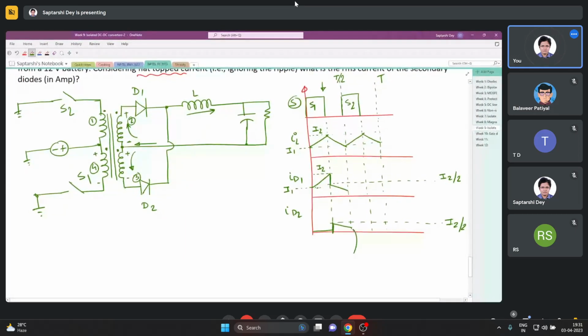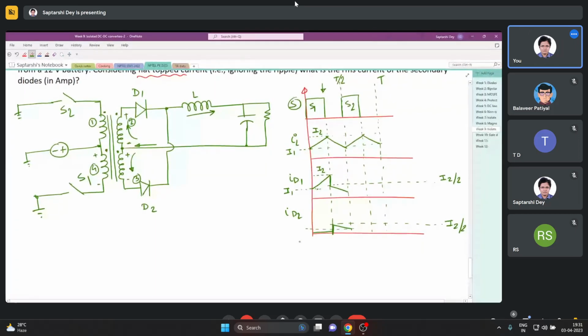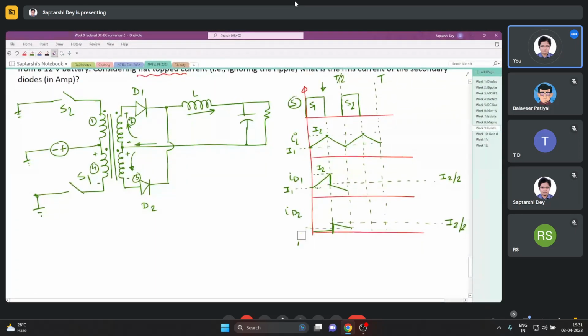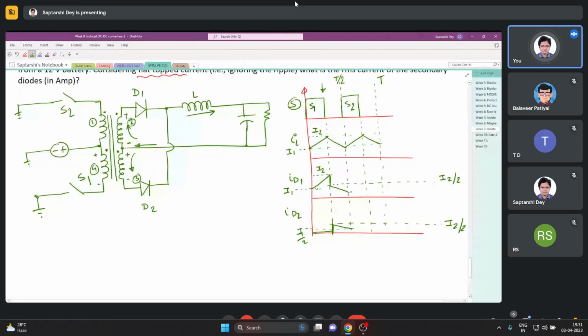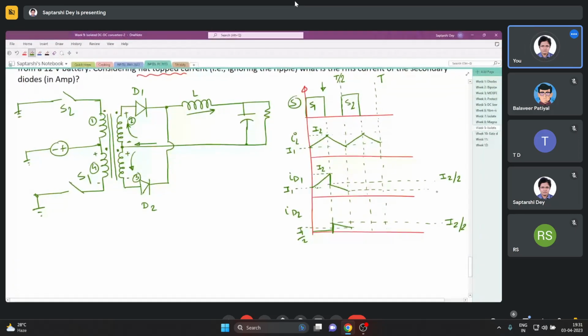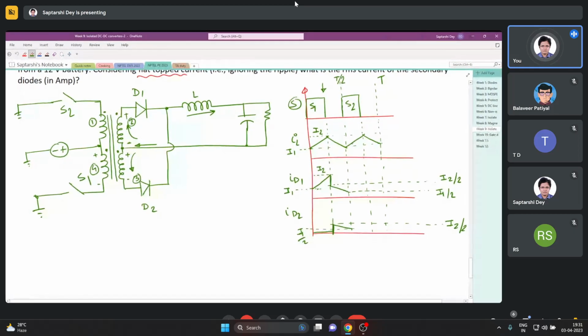Anyway, this much is I1 by 2, and this much is also I1 by 2. At this point S2 is turned on and the inductor current again starts increasing.